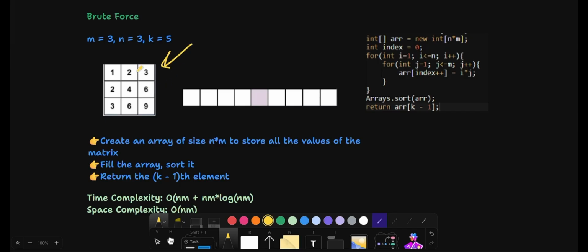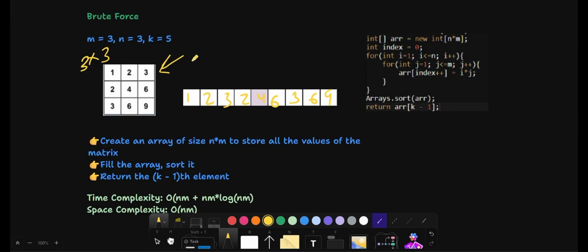Let's suppose this is the imaginary matrix. We don't create this matrix, we create only the array. But for explanation purposes, suppose this is the 3 cross 3 matrix that we get and we are filling the array. So this will be 1, 2, 3, this will be 2, 4, 6, and this will be 3, 6, 9.